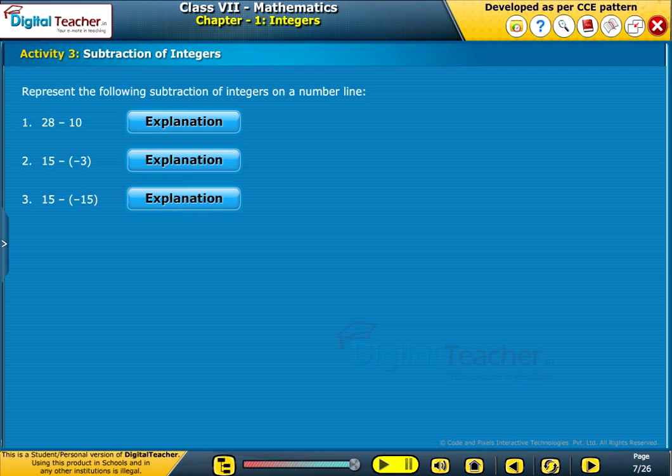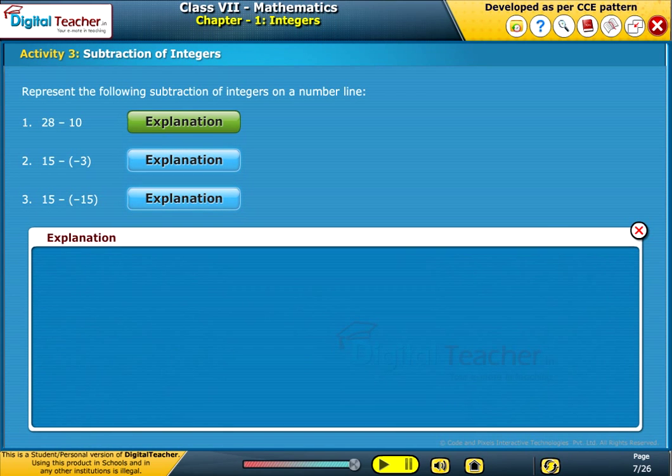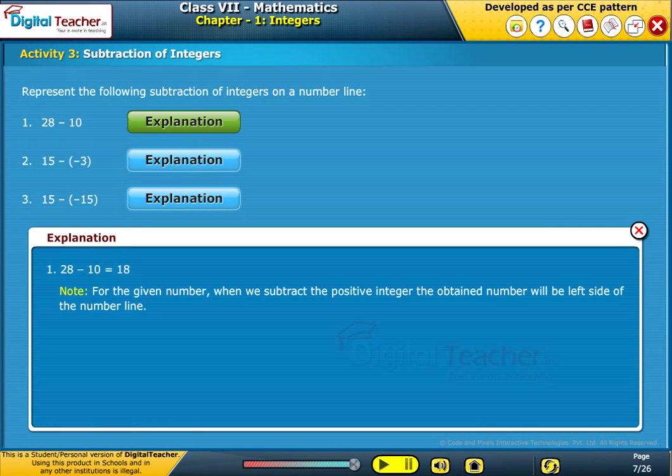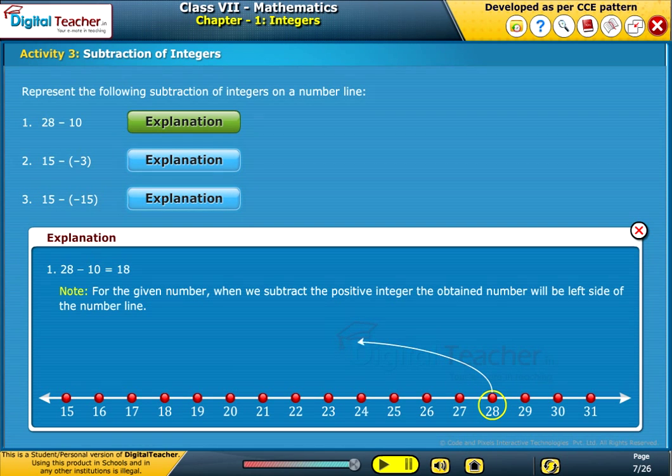Let us perform an activity for representing subtractions on a number line. Note: for the given number, when we subtract the positive integer, the obtained number will be left side of the number line. Its representation is shown on screen.